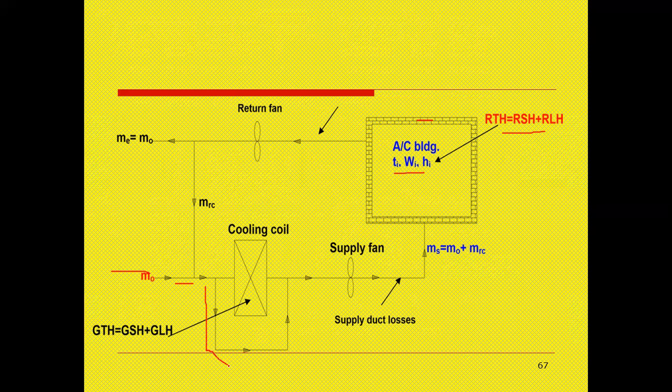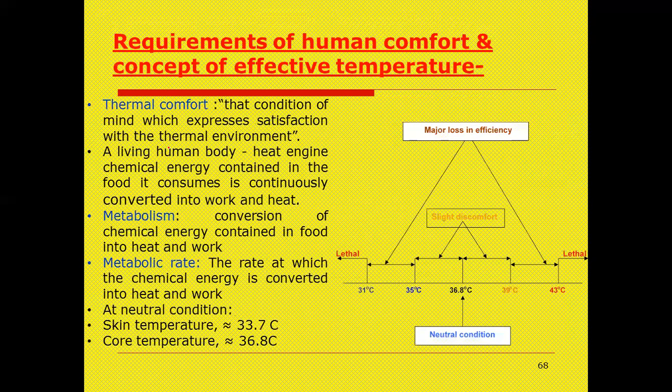It goes into the coil and into the supply fan, and the supply ducts pass the medium into this air conditioned room. From here, through the return fan, it goes outside. So this is a cyclic process which happens in the indoor and outdoor systems for the effective conditions, right?